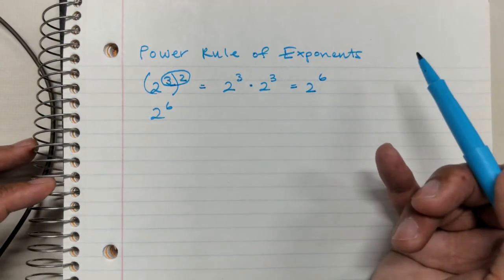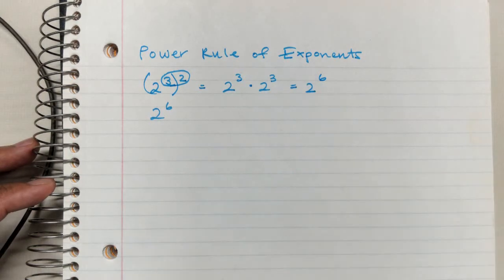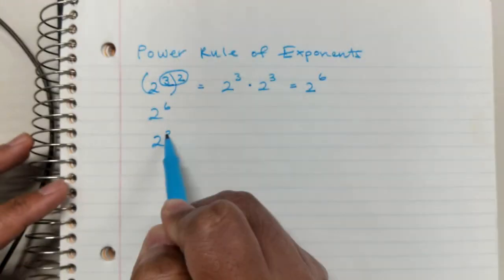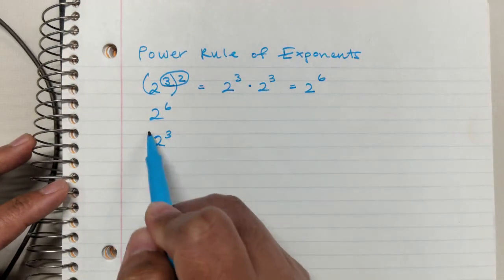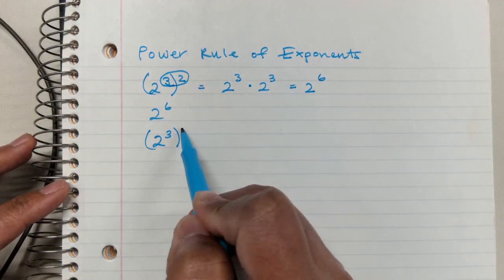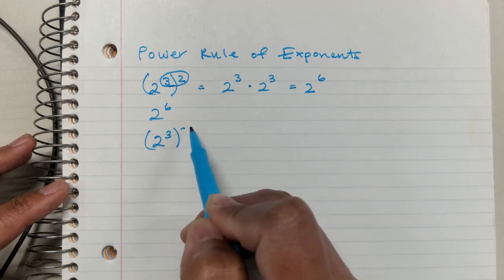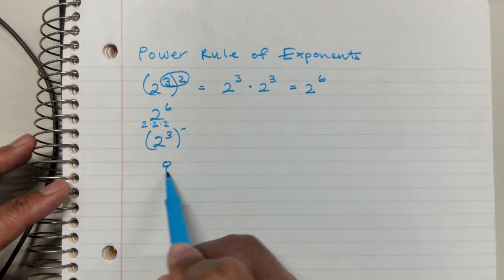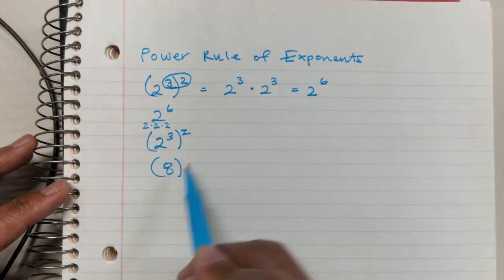Now, if you want to get the actual number by itself, the actual answer, you can figure out what 2 to the third power is first. 2 to the third power is 2 times 2 times 2. So 2 times 2 is 4. 4 times 2 is 8. So 8 is whatever's inside the parentheses.